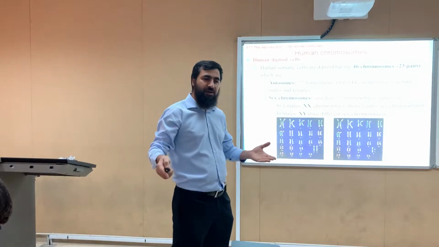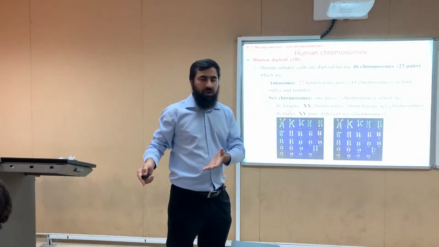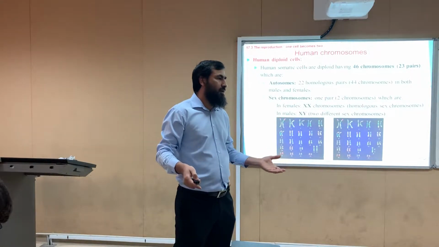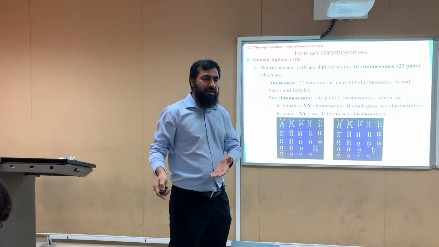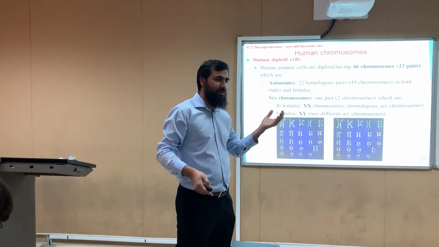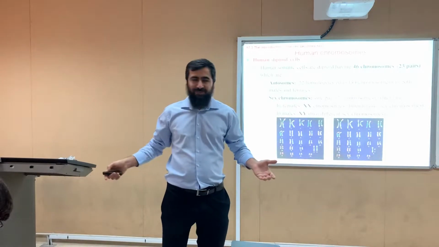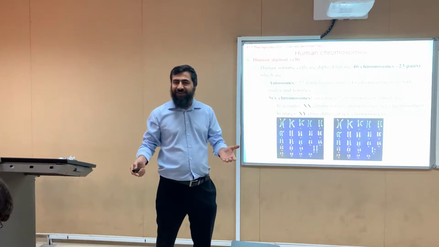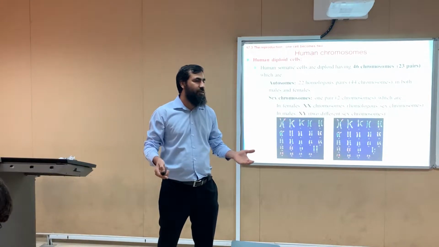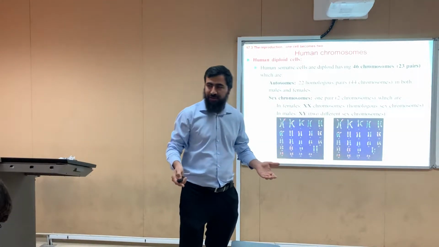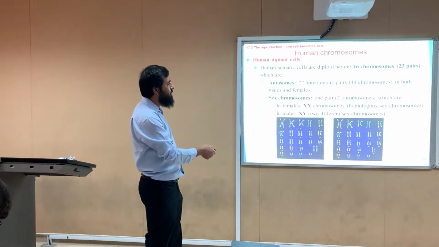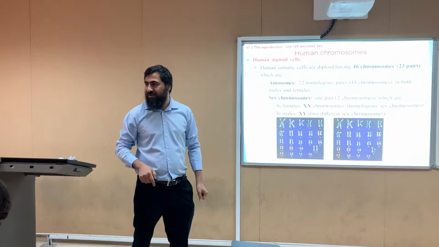So the discovery of modern science that sex is determined by the male was already known to us 1400 years ago in the Quran. And as I mentioned, the exact verse is number 46 in Surah 53. Very interesting that it should be verse 46 because we have 46 chromosomes.